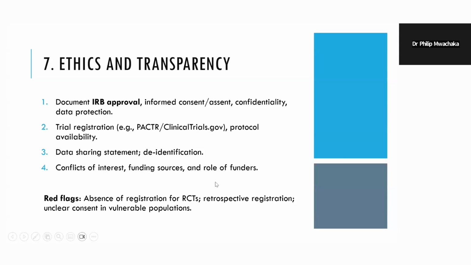And we should also have the other thing that should be stated clearly is the conflicts of interest. Okay. Funding sources and role of funders. For conflicts of interest, I could be the manufacturer of a device and I want to use this device for treatment of a certain condition. For example, in our case, neurosurgery, trying to treat hydrocephalus. So I manufacture a device that can be used to treat this condition.